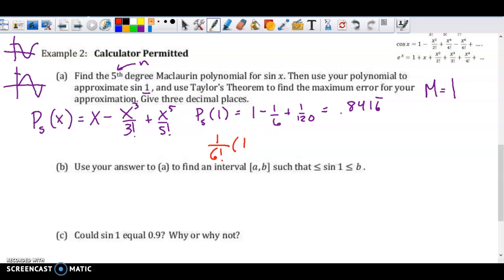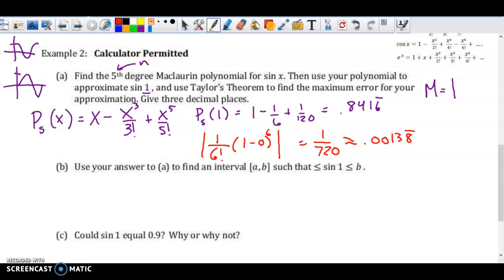That's what you're trying to approximate. And it says it's Lagrange, so we know that that is automatically 0 for our center to the 6. If you type all of that in, you get 1 over 720, and you can find the decimal form for that.